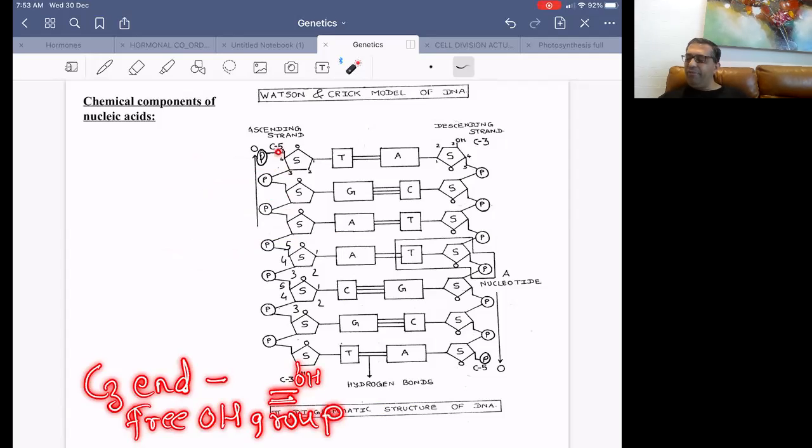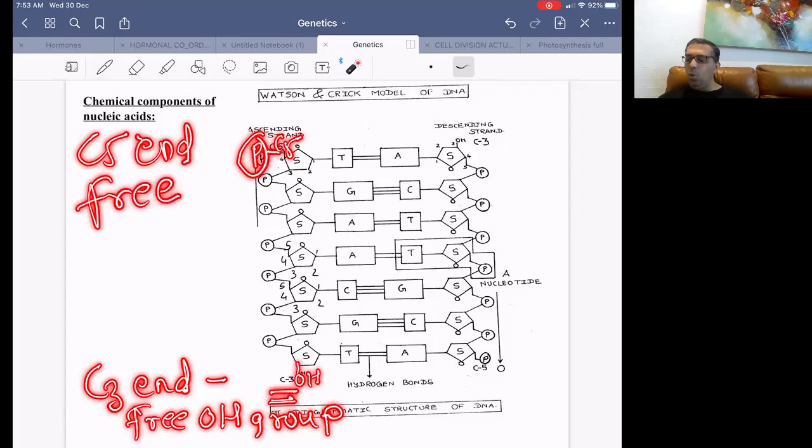And at the C5 end, we have a free phosphate group, with a phosphomonoester bond instead of a phosphodiester bond.